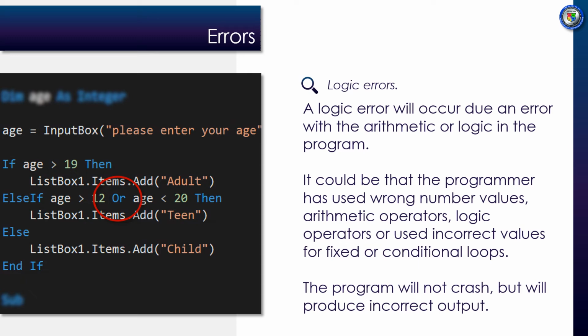There is a big difference in this complex comparison, as in this case with the example of OR, either the first comparison of age is greater than 12 or the second comparison, age is less than 20, need only be true. The correct use of the AND logical operator would mean that both comparators would need to be true before teen is displayed.